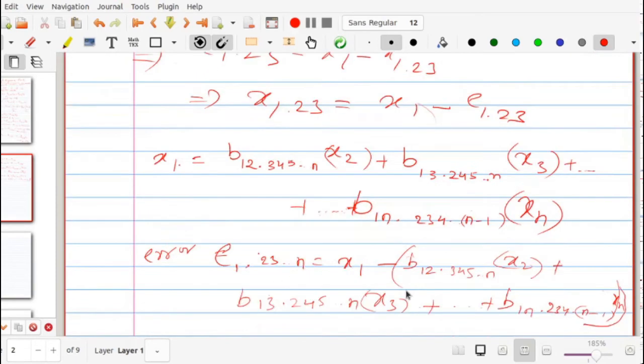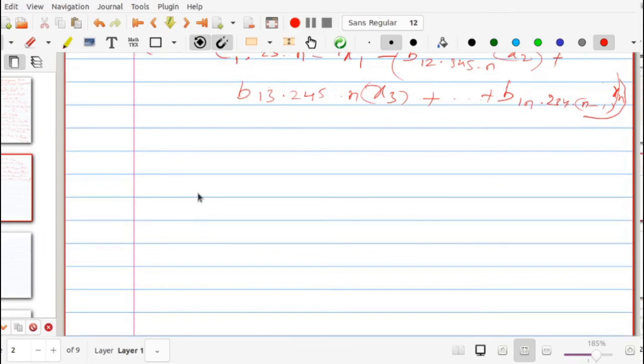And the error or the residual, or the error of estimate, will be x1 minus all of this, which is the estimated one. So this is the theory of the errors, how to find the equation and the residual. The important thing I wanted to tell you is that as per the least squares method, we will be finding the minimum. So this is what we use.